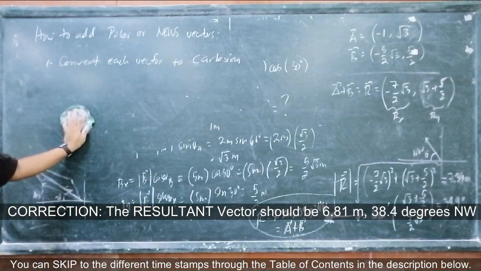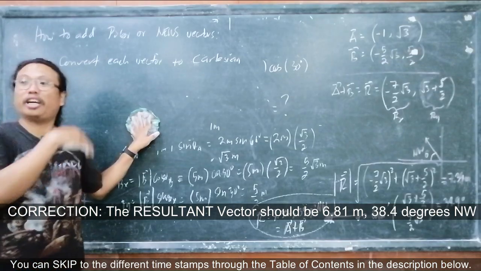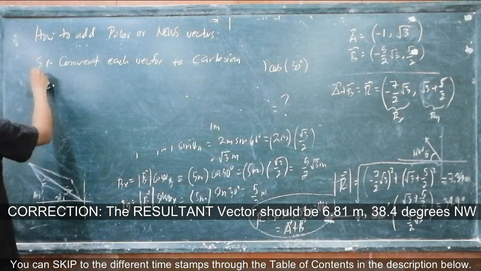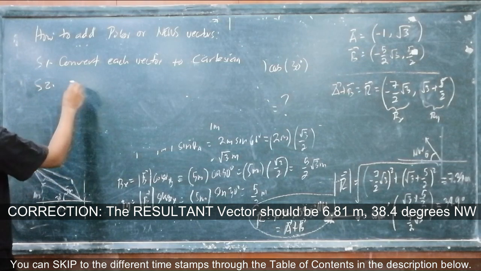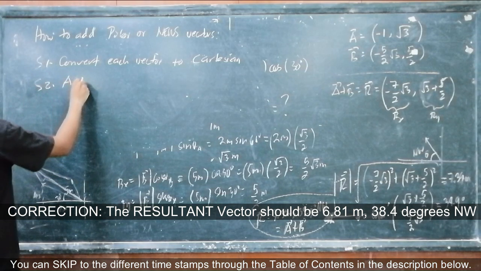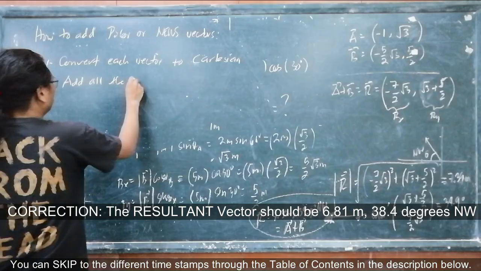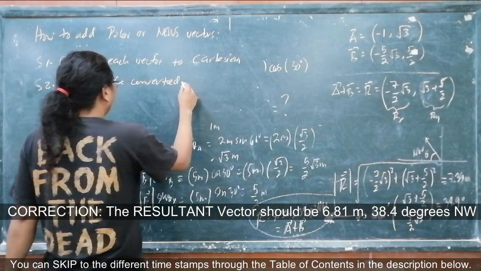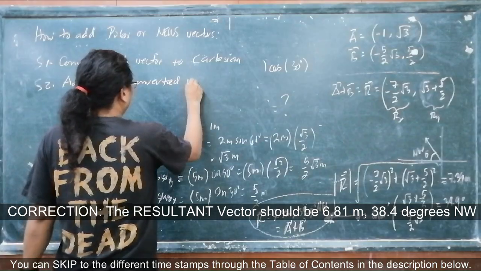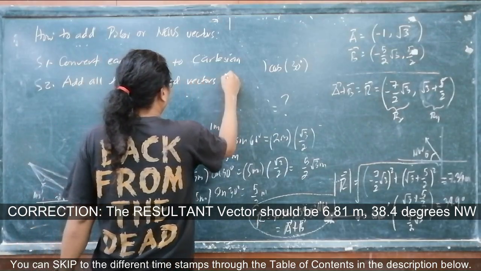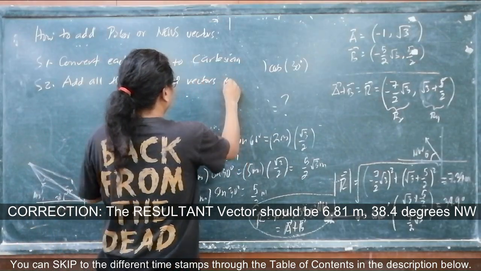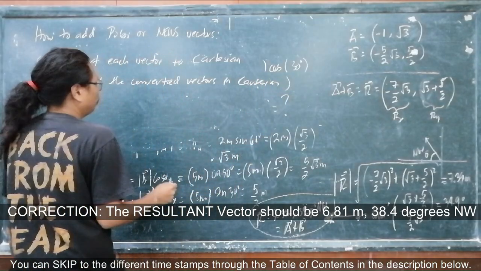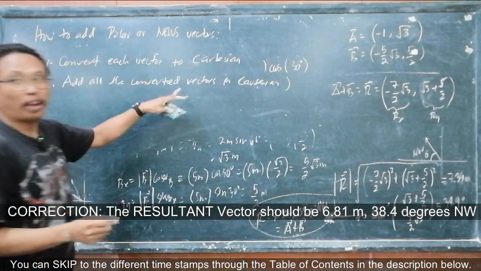Convert each vector to Cartesian, because our definition of addition is only in the Cartesian. And step 2, add all the converted vectors using the definition in Cartesian. This is actually the resultant vector.